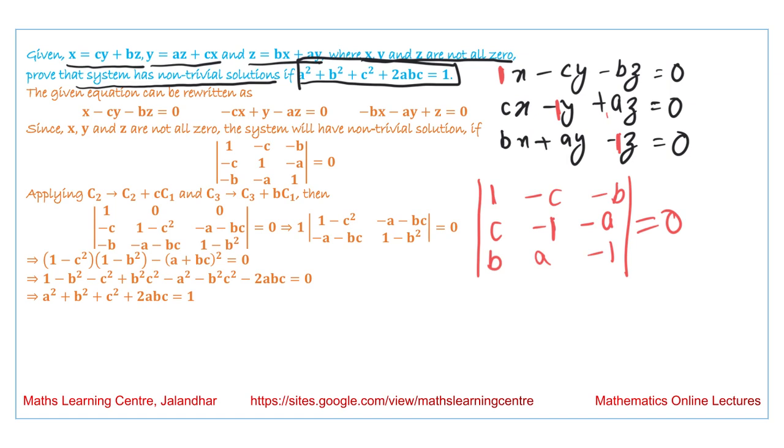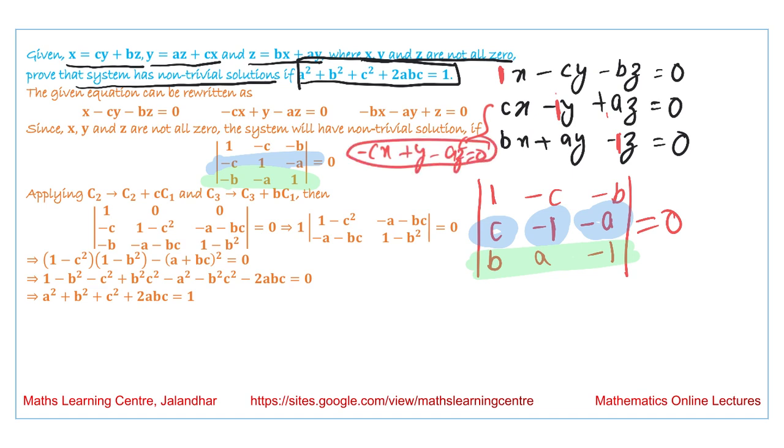You might have noticed that the values we are writing here and the values we have written here are of opposite sign, because the equations we are considering in this case are minus cx plus y minus az is equal to 0, and both these equations are equivalent. So to solve this determinant, you can solve either this or this.